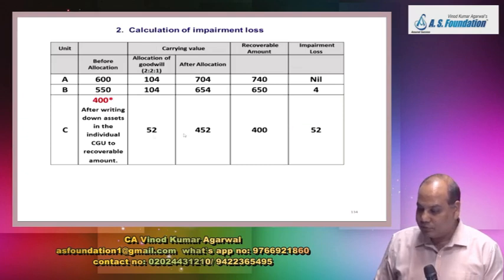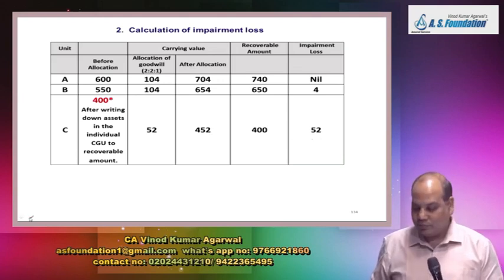So this impairment loss 52 will be there after adding goodwill. What about this asset? This asset recoverable amount is more. No impairment loss. Here the recoverable amount is less, hence impairment loss of 4. Here recoverable amount is less, hence impairment loss of 52.